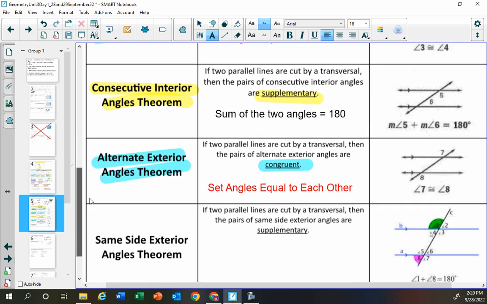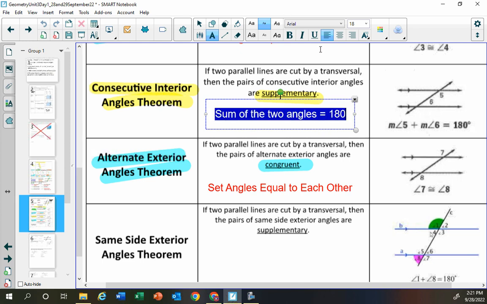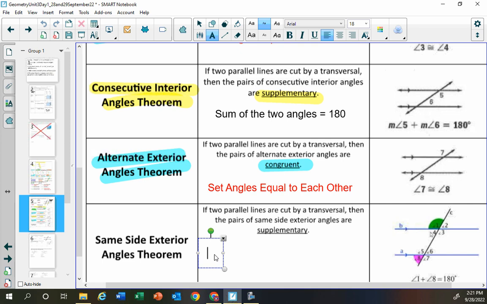Now, we're going to rarely deal with this one, the same side exterior. Really what's going to happen is I'm going to more than likely give you a corresponding and then just take away from 180. That's how you're going to get the other one. This one more than likely we're not going to talk about. It's very rare.